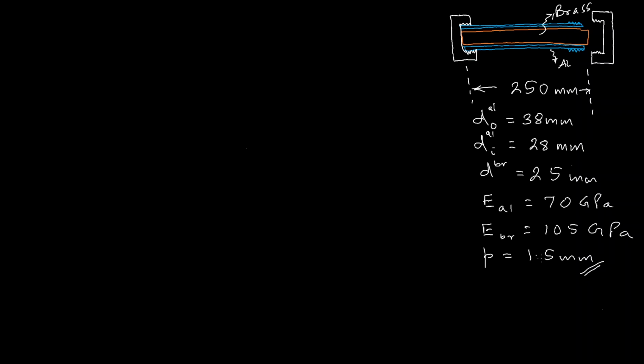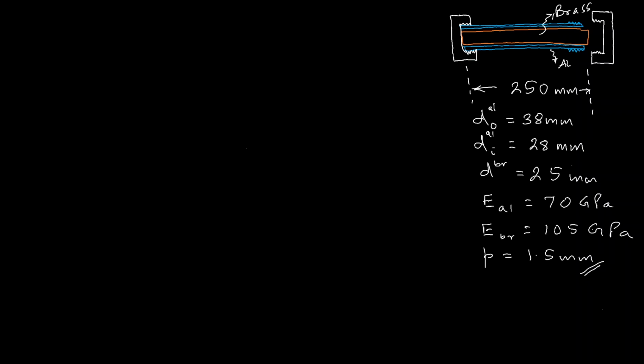So that means 1/4 of a pitch is the total movement that happens in the axial direction. All the other geometric parameters, like the outer diameter and inner diameter of the aluminum tube and the diameter of the solid brass cylinder, are given. E for aluminum and E for brass are also given.